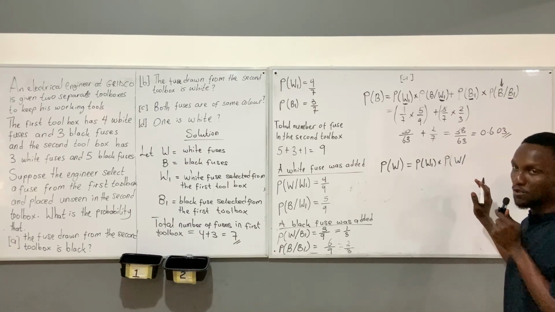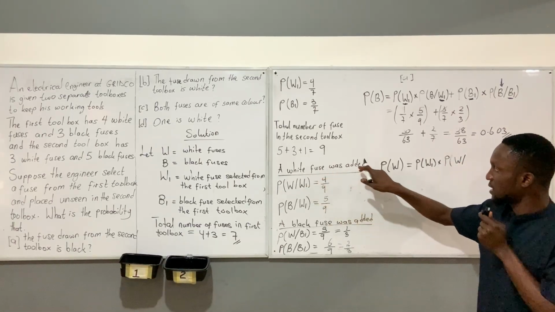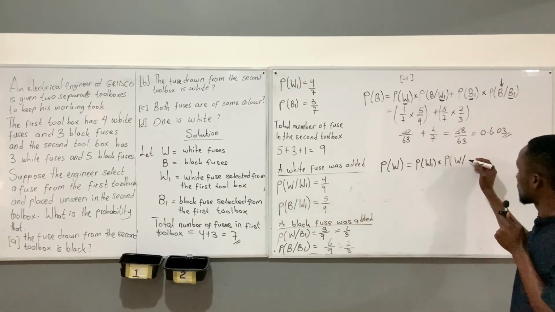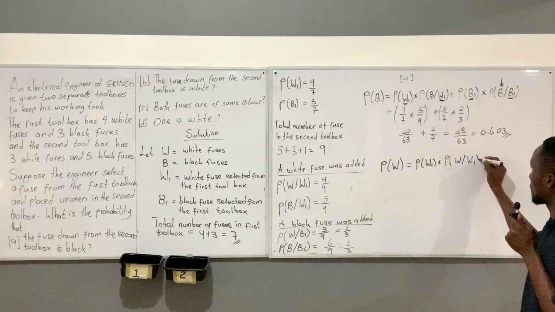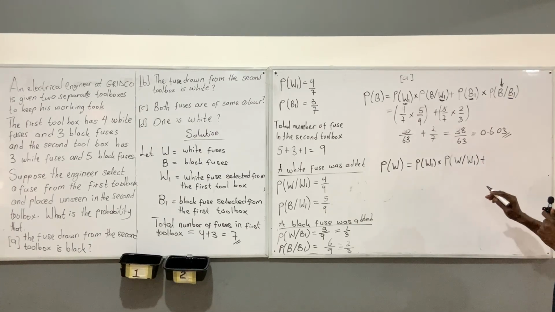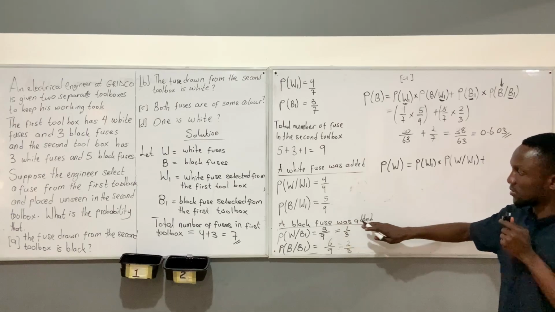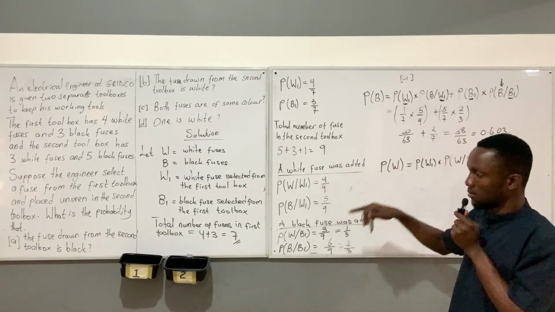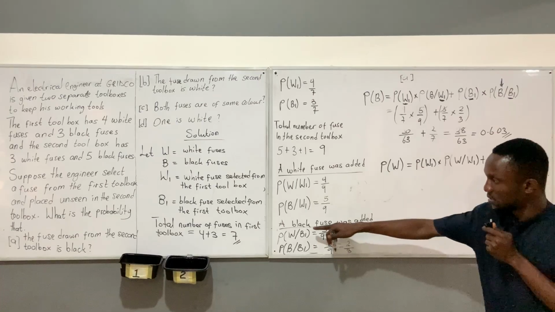What condition are we talking about? A white fuse was added, so we will look for the one with a white, so this one. So we have W1. Do you get it? Plus, then the second scenario, a black fuse was added, but we are looking for the probability of white that he picked. So we will use this formula.